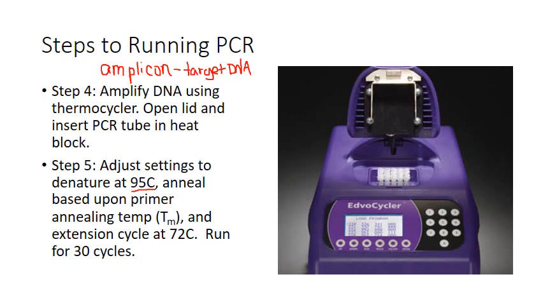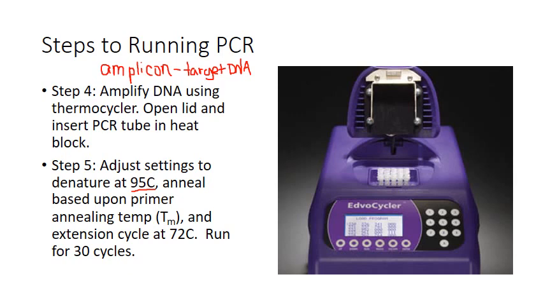Then you're going to have to set the annealing temperature, and I'm going to show you how to do that in a later step in this same video. You set the annealing temperature on your PCR machine, and that's completely dependent upon what primer sequence you use. And finally, the last thing is the extension cycle, the last phase where your DNA is actually copied.